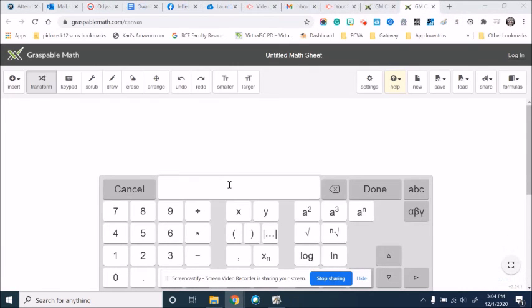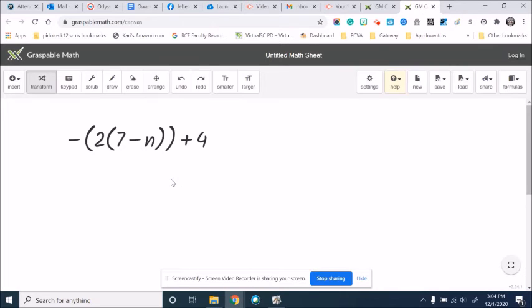I'm also going to show you the first one that we did with distributive property pretty quickly. So if I type in negative 2, parentheses, 7 minus n, in parentheses, plus 4. Now this is what it appears on our paper and in the example. When I push done here, this application realizes that this negative really isn't stuck to that 2. This is actually a negative 1 times this 2. So if I click on that first, it just brings that in and simplifies that first step.